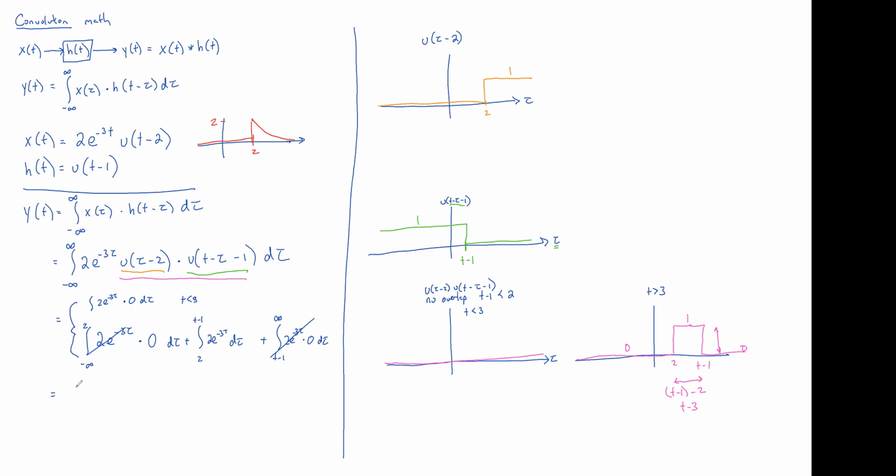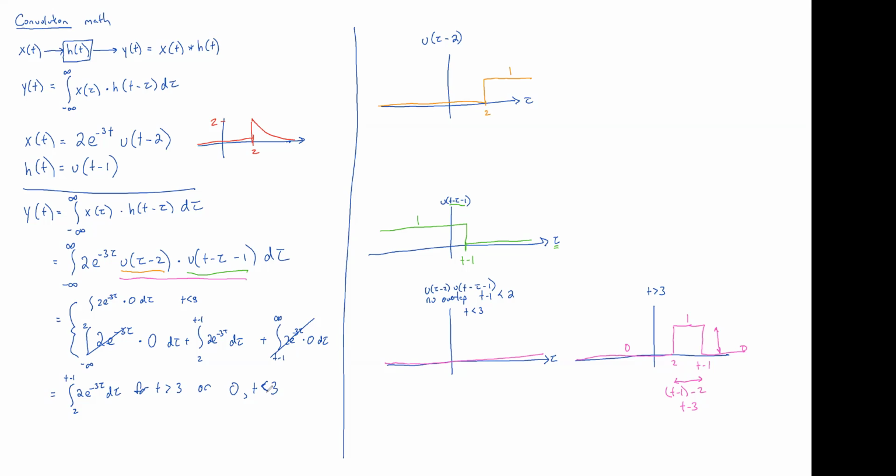We've got an integral that is either going to be between 2 and t minus 1 of 2e to the minus 3 tau d tau, which is true for t greater than 3, or it's going to be the integral of 0, which is just 0 for t strictly less than 3.